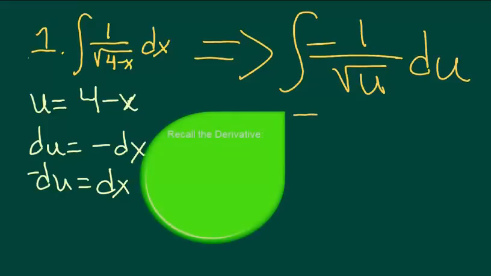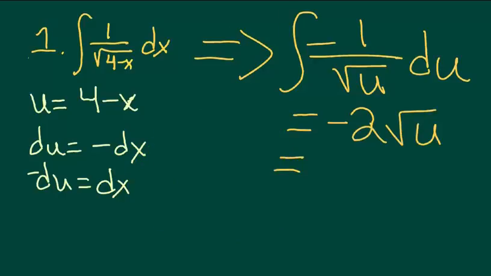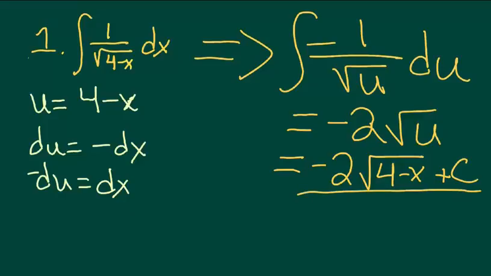This integral is going to be equal to negative 2 times the square root of u. And now we just sub in 4 minus x back in for u, and you wind up with negative 2 times the square root of 4 minus x, and then plus c. And there's your answer.